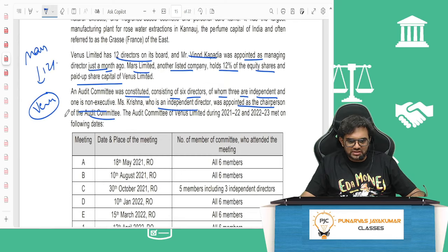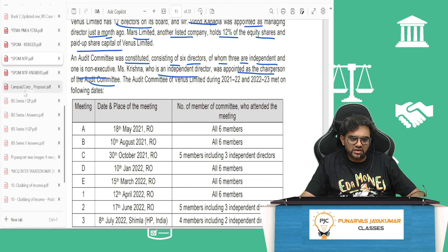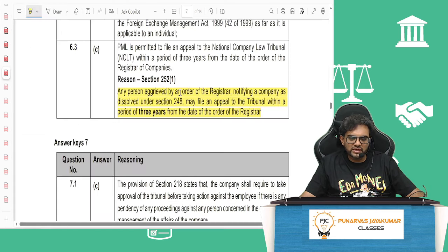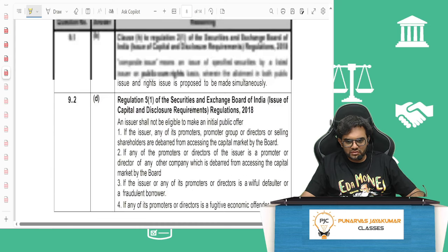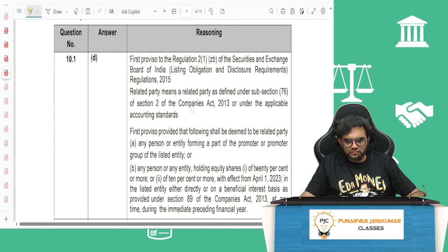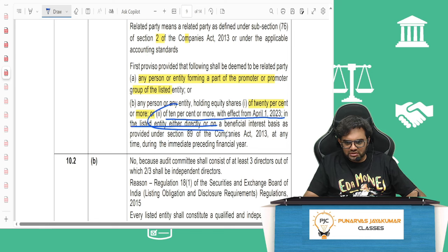So as far as SEBI guidelines are concerned, you should also comply with section 2 clause 76 of the Companies Act. If you are a related party under 2 clause 76, then automatically you will be a related party under SEBI also. So if you see the first proviso, related party: if any person or entity forming a part of the promoter group of the listed company, or any person or entity holding equity shares of 20% or more, that is till 2023, and this is important, 10% or more with effect from 2023, will be called a related party.